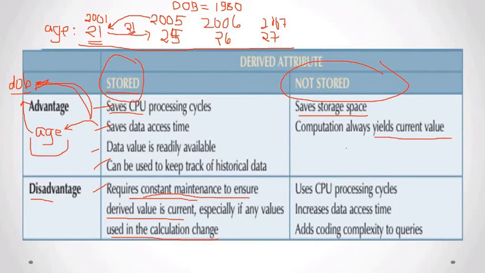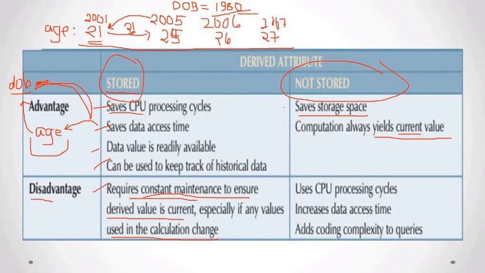So if you calculate that value now, then that value is current. So if we go back to our example, if that person was born in this year, and then we calculate the age of this person, then the result is current. That's the age of that person right now.